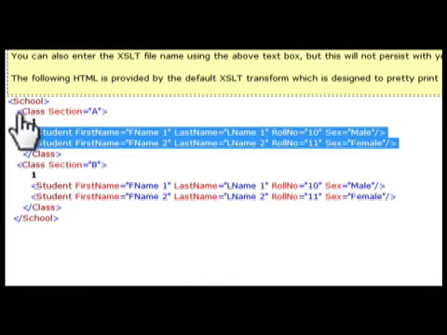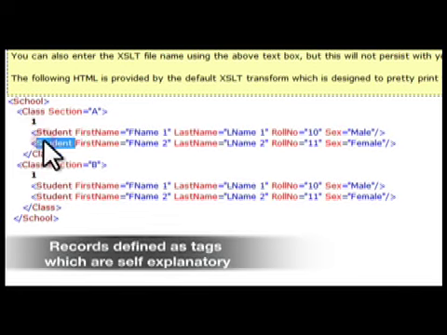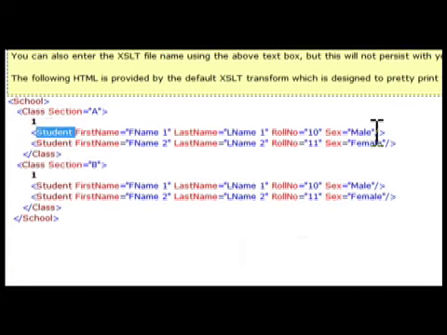So you can see we have defined a couple of records which are contained as tags, or more technically speaking, as elements, which are self-explanatory. Another student element starts here and ends here. Class element starts here and ends here. These kinds of tags, which are defined by us here, constitute an XML document.